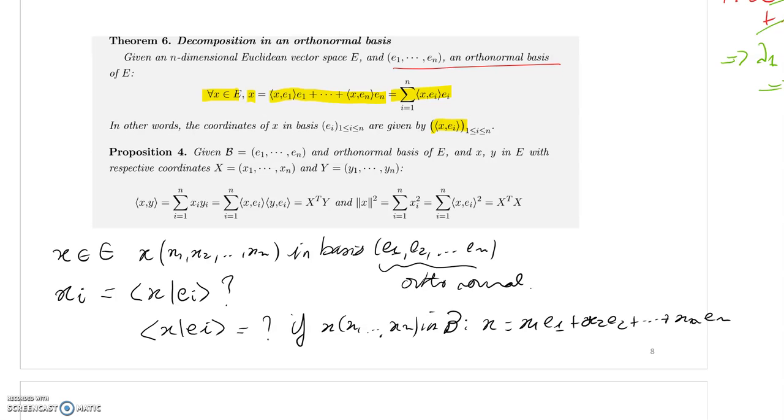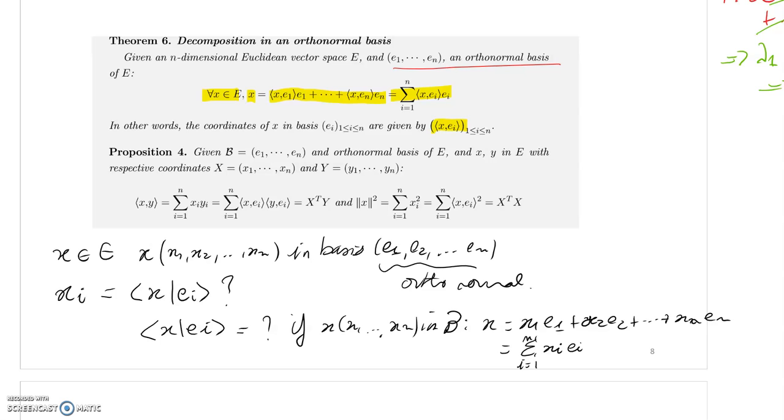Okay, that's what it means to have that our element x has those coordinates. So in other words, I can write this with a nice sum: the sum from i equal to 1 to n of xi ei.